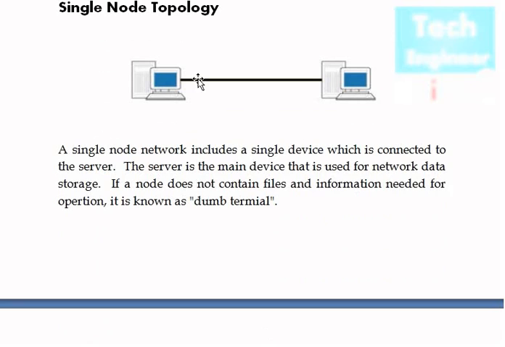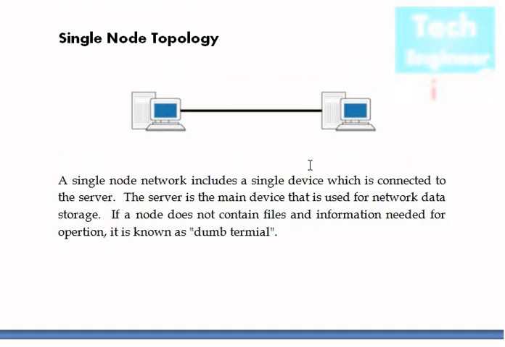For example, a server is there and a client is directly connected to the network, or in a peer network, if two client computers are connected with each other, one client computer will obviously have admin rights to operate the network. So this is what single node topologies are all about.